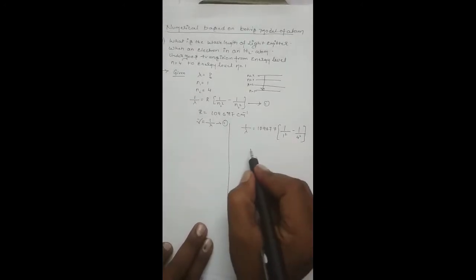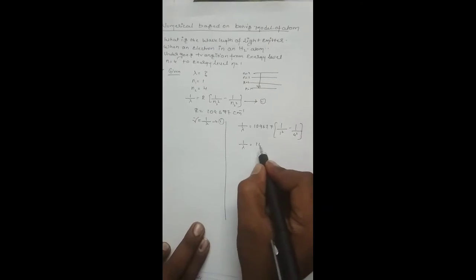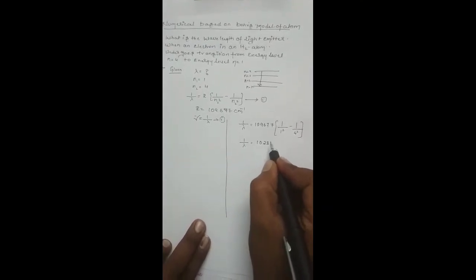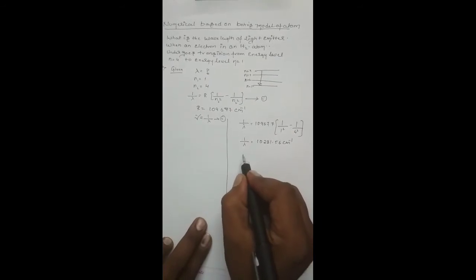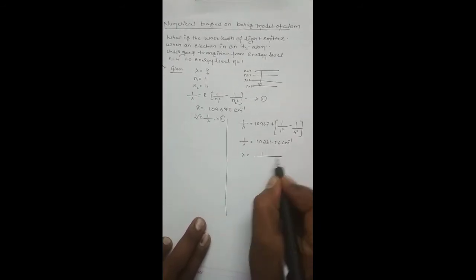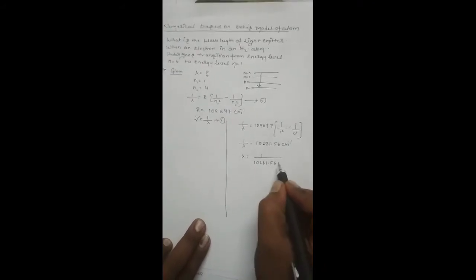If you calculate this, we will get 1 by lambda is equals to 10281.56 per centimeter. If you want to find lambda, we can do lambda is equals to 1 divided by 10281.56 per centimeter.